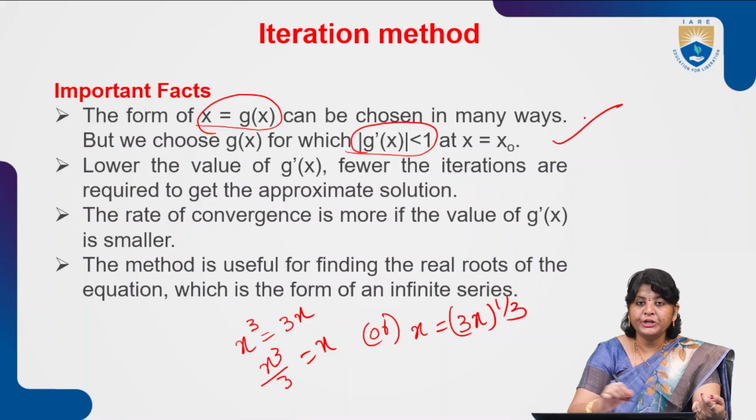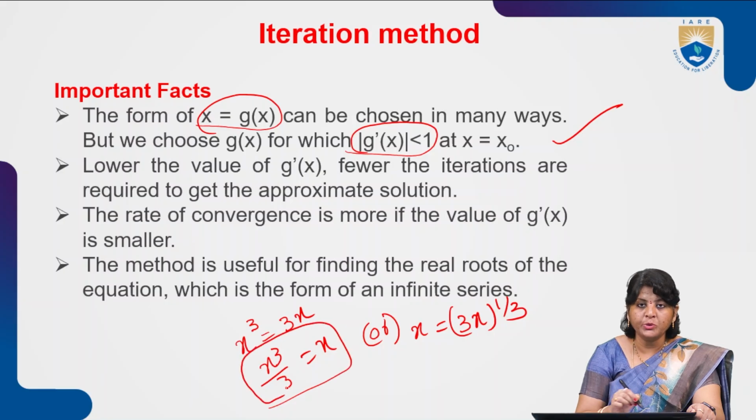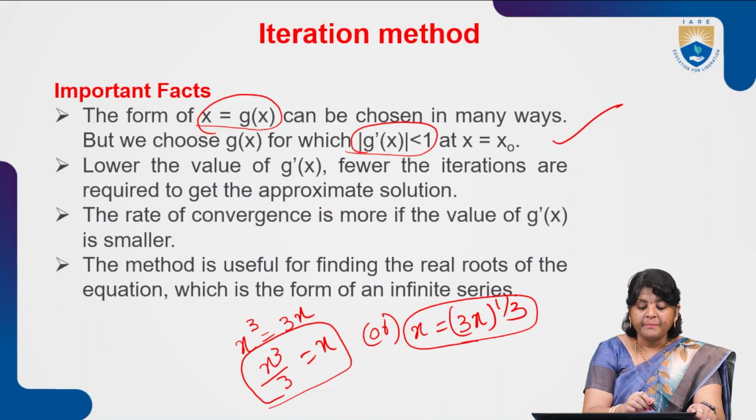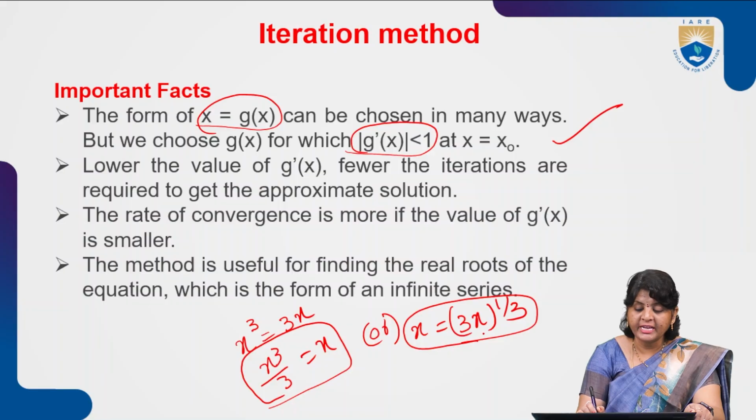The first fact we need to remember is that the form x is equal to g of x can be chosen in many ways. Here I have chosen two ways. One is x is equal to x cube by 3, and the other is x is equal to 3x whole power 1 by 3. But we choose the g of x for which modulus g dash of x is less than 1 at x is equal to x0. So here this should be less than 1.